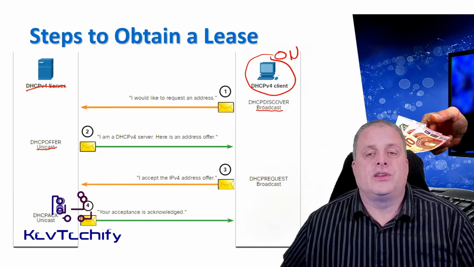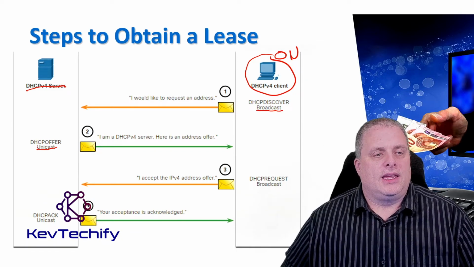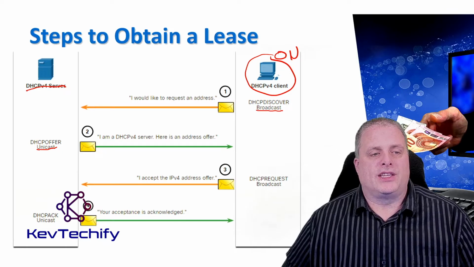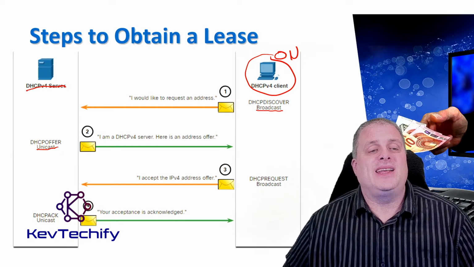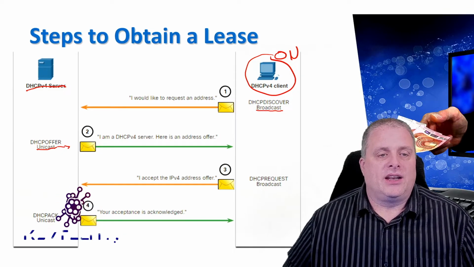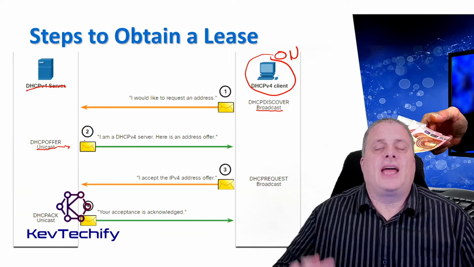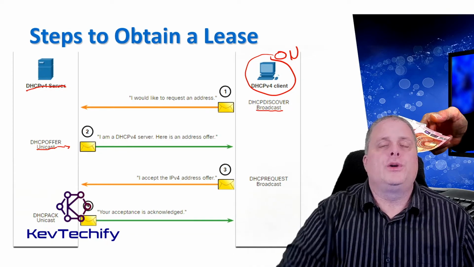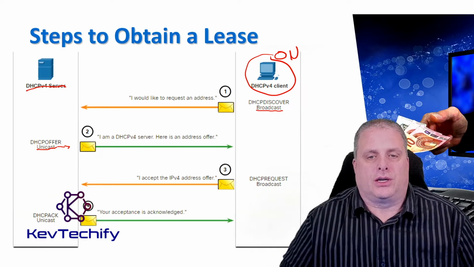Hopefully somebody is a DHCP server. The DHCP server hears that, the offer comes back. It's unicast because I know where that request came from. I know the IP address, so I can send it to that IP address. When I send that information back, it says, hey, I'm a DHCP server. Here is an address offer. If you would like, you can use this address. And then it gives them an address.